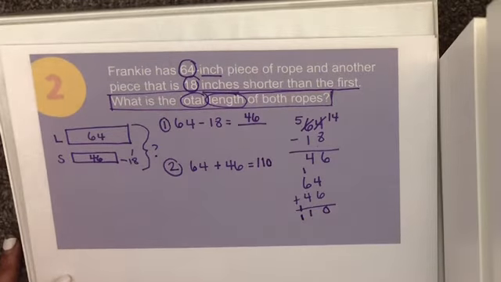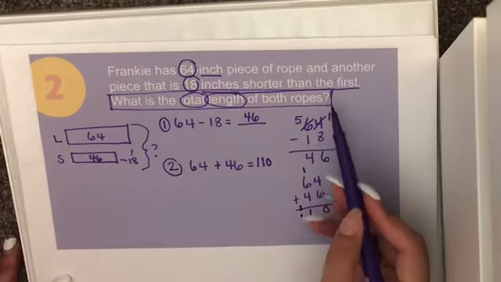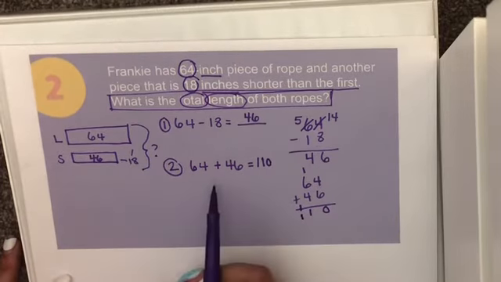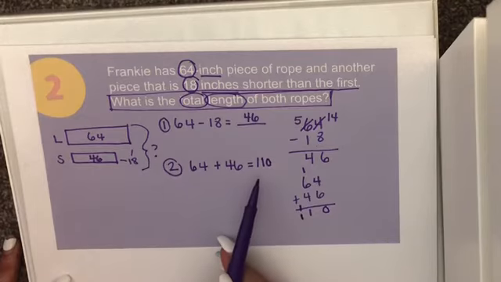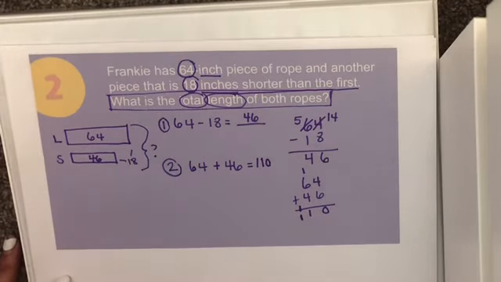But I'm still missing something. What am I missing? I annotated my question. Check. I came up with number sentences to go along with my word problem. Check. I showed all my work. Oh, I remember.